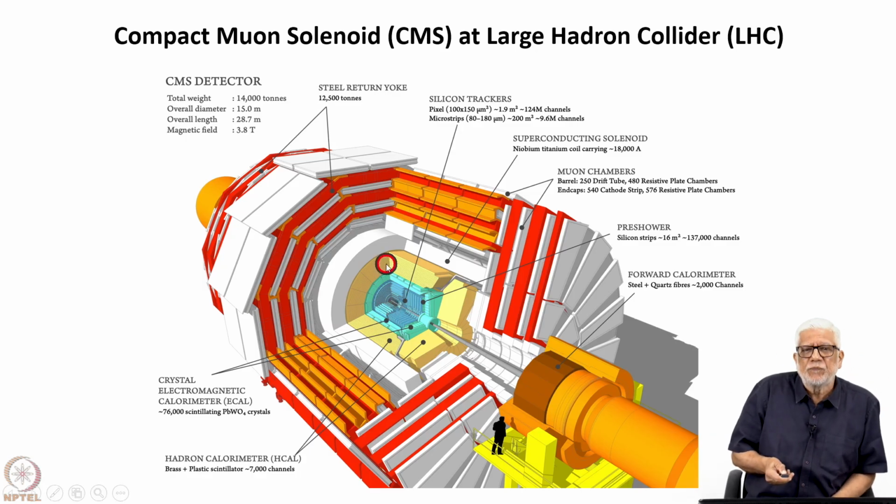Then there are electromagnetic calorimeters, then there are hadron calorimeters, and then finally there are muon trackers, because the muon is the most penetrating particle. And then overall there is a solenoidal magnetic field of the order of a few Tesla, and that helps track the charged particles that are produced, and through that both the angle and the momentum are measured.